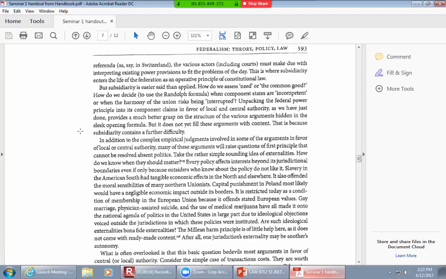The idea of externalities, of course, is an economic concept, and it basically means that there's a transaction between two parties, and you would be affected by that transaction even though you didn't agree or disagree with them. So someone decides to build a factory next door to you, and it ends up emitting toxins into the atmosphere, and you would be affected by that even though you haven't said anything about whether yes or no to build that factory, assuming that there was no consultation process and so on.